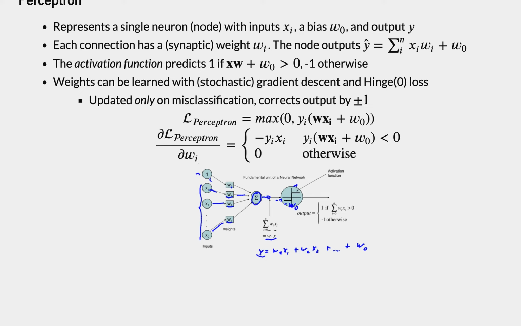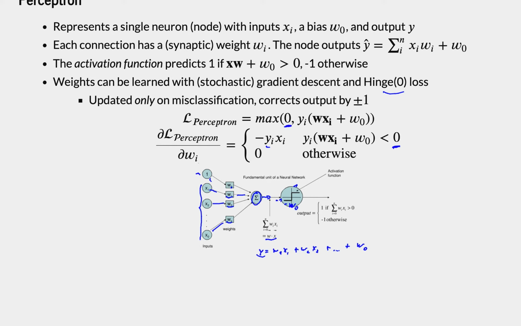These weights can be learned with gradient descent or with stochastic gradient descent using the hinge zero loss, and this one only updates on misclassification. If you look at the hinge zero loss, this is the same as hinge, only this has a 0 instead of a 1. It outputs 0 if it's correct, and it outputs minus the sign of the correct prediction times xi if it's on the wrong side, so if it makes a wrong prediction. This used to be 1 for hinge, now it's 0 over here.